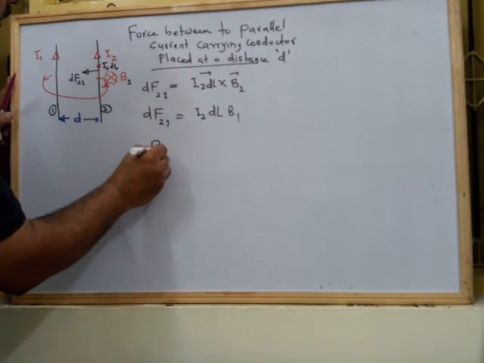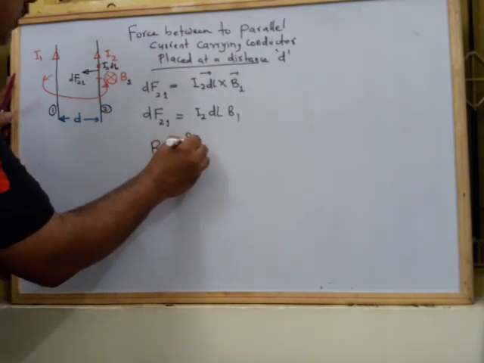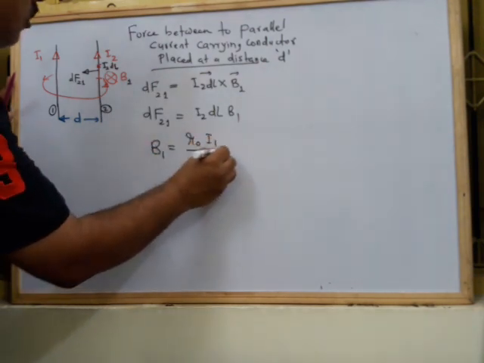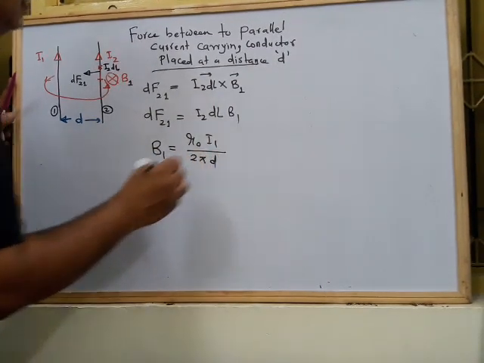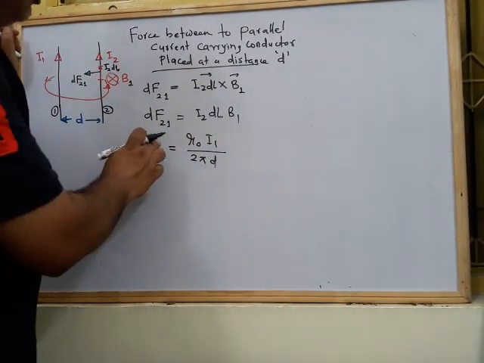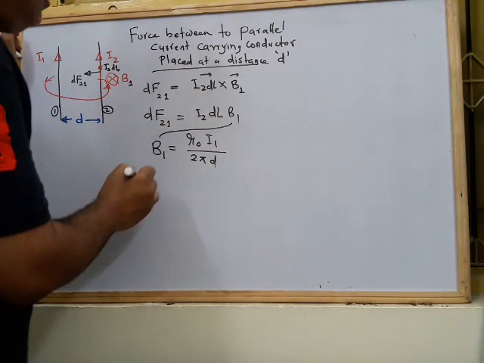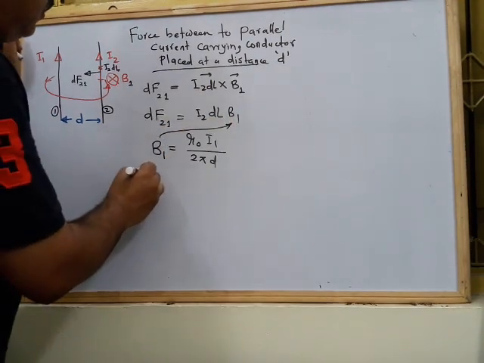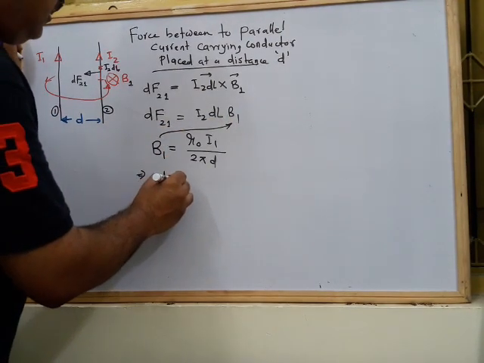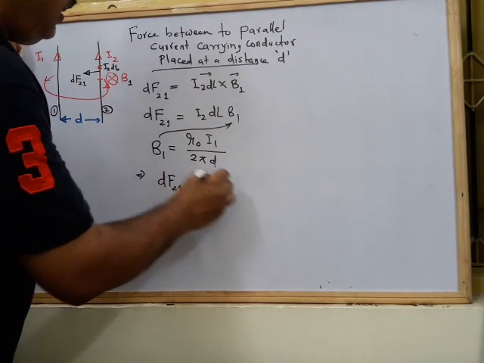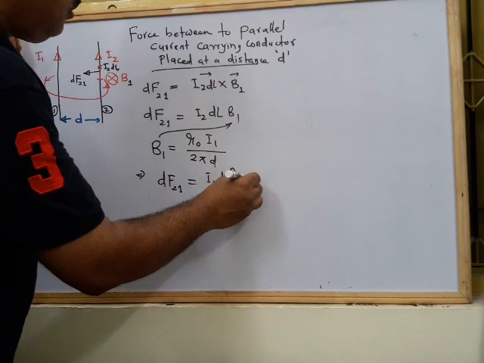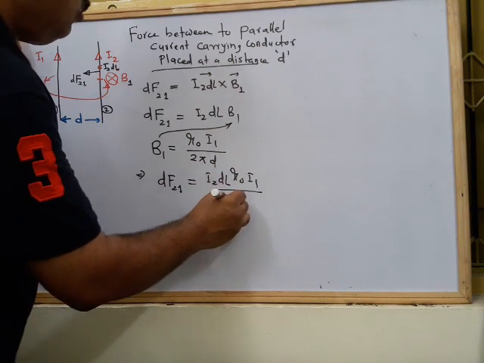So directly you can write B1 is equal to mu naught I1 upon 2 pi d. Just substitute this B1 here. Then you find that dF21 is equal to I2DL, and it becomes mu naught I1 upon 2 pi d.